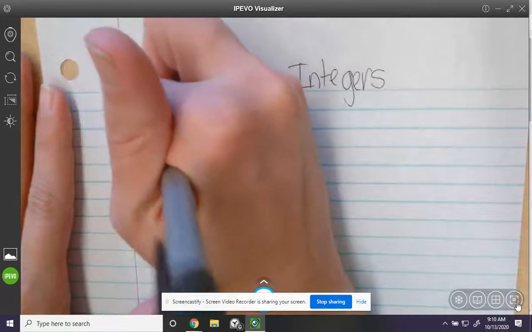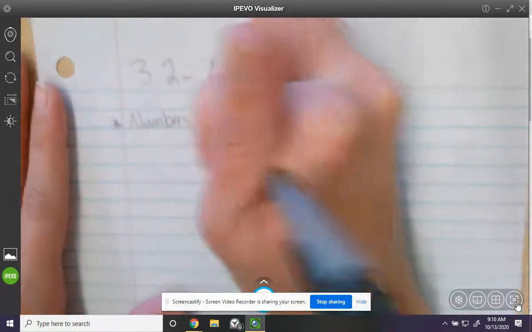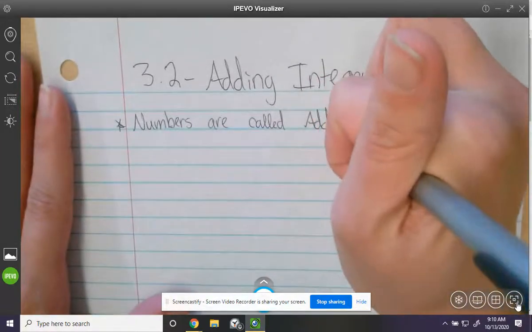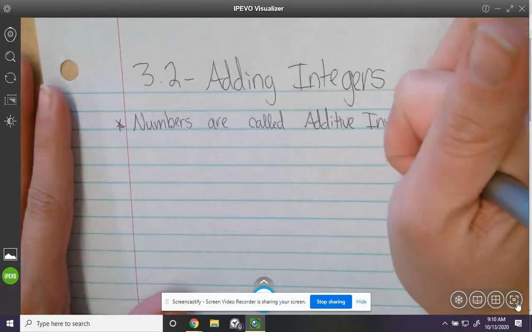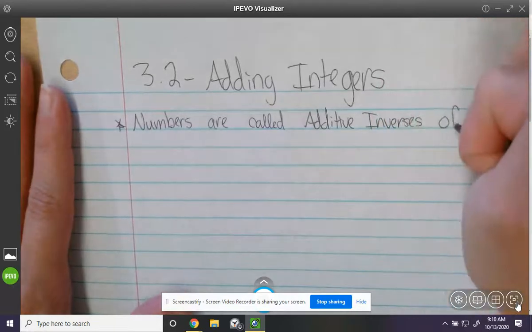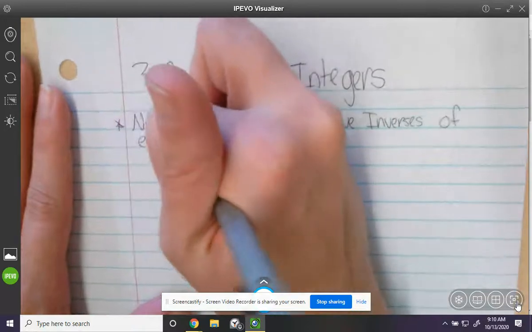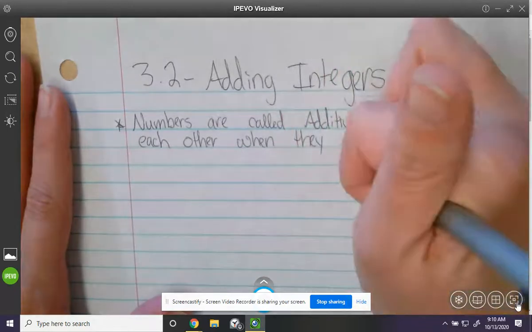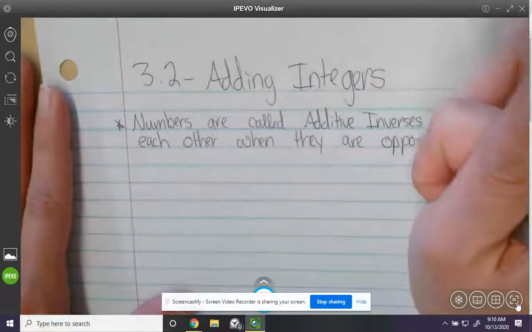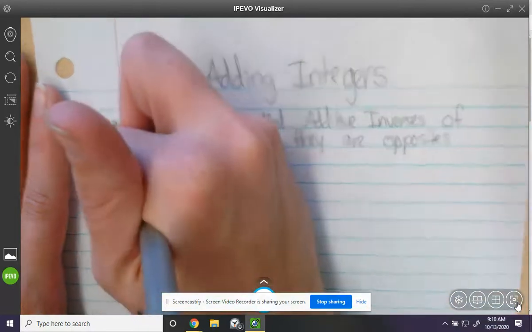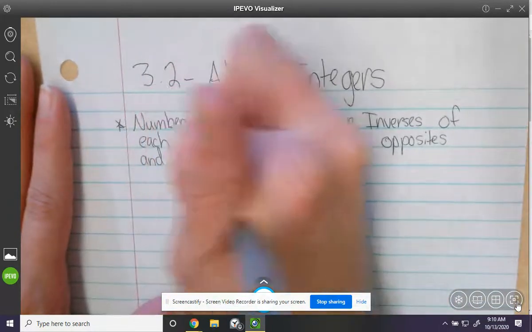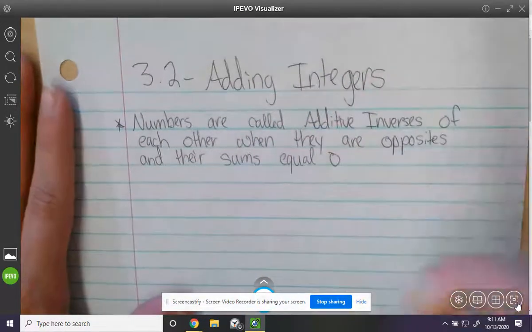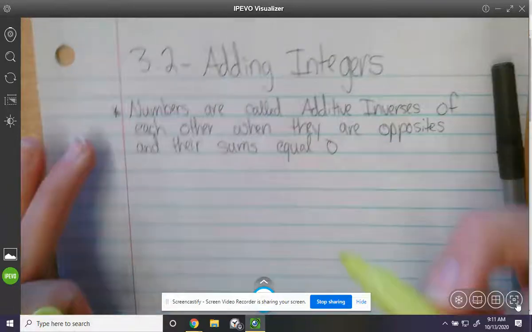So we're going to say numbers are called additive inverses of each other when they are opposites and their sums equal 0. Okay, so my vocab word there is additive inverse.